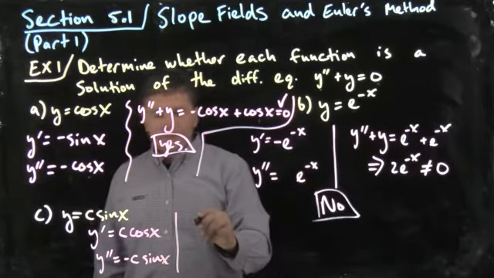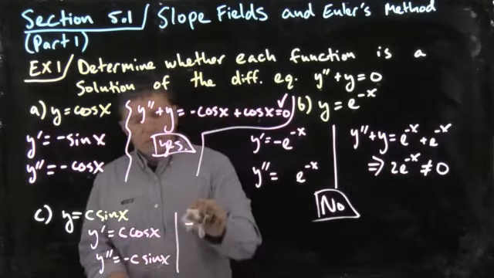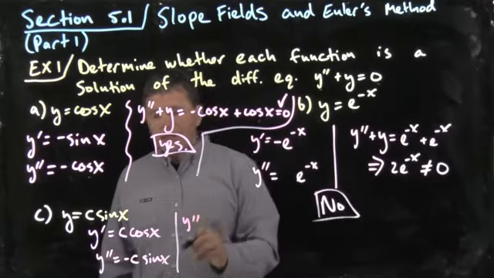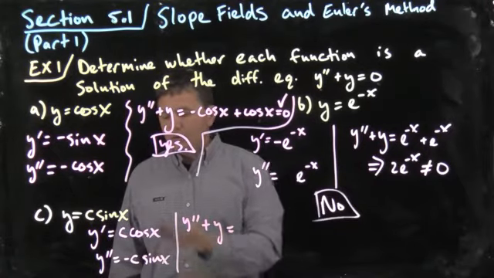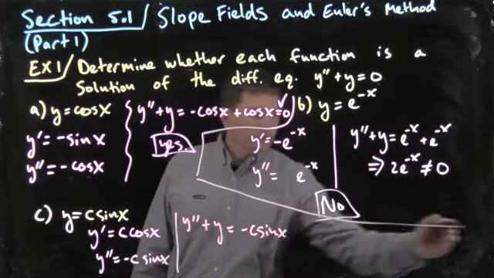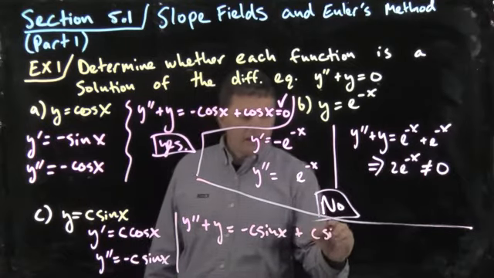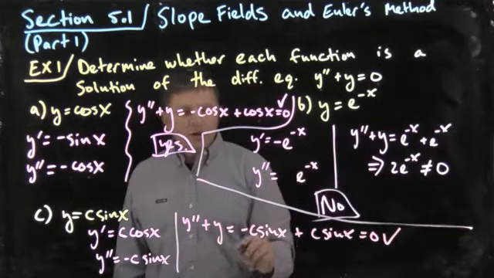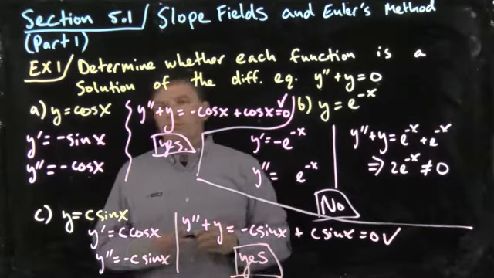So y double prime, let's label this, y double prime plus y is equal to negative c sine x plus c sine x, and once again we see that that is going to give us 0, which is what we're looking for here. So this is yes. So that is our first example.